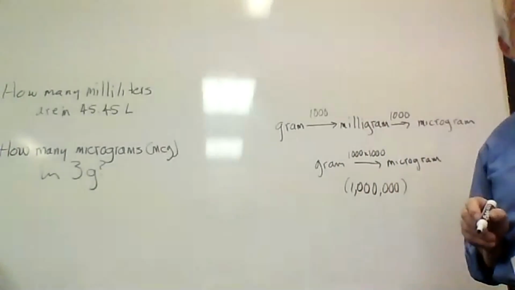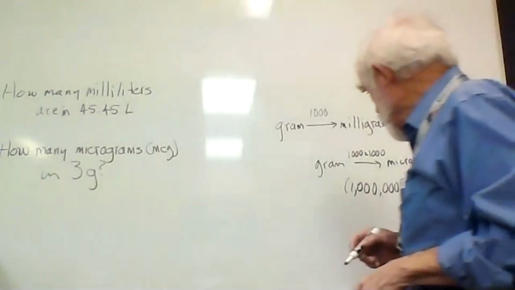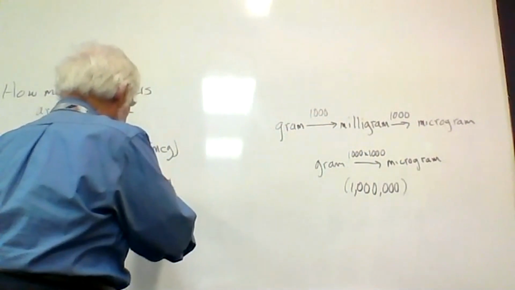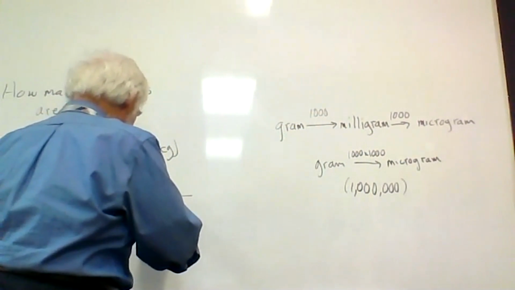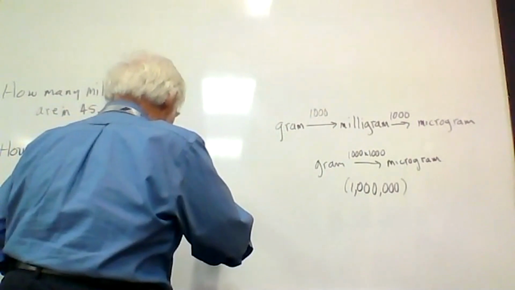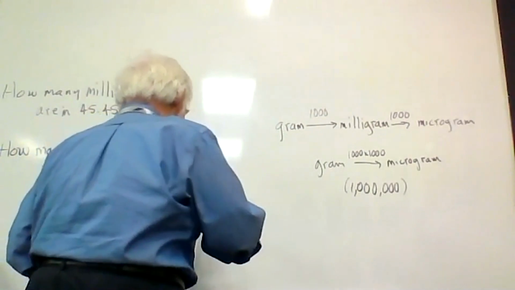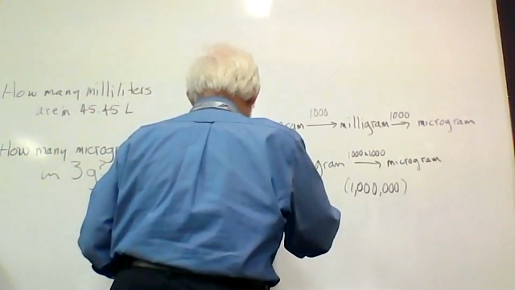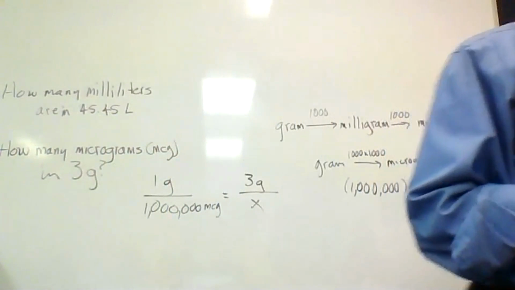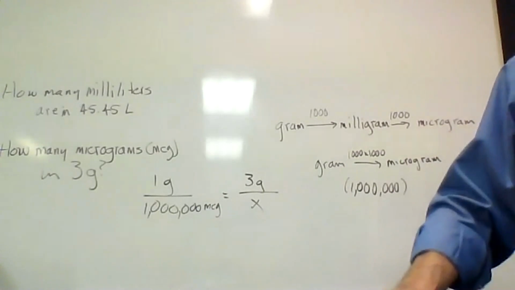1,000 times 1,000 is a million. So now we have 1 gram over 1 million micrograms equals 3 grams over X. And we solve for that.